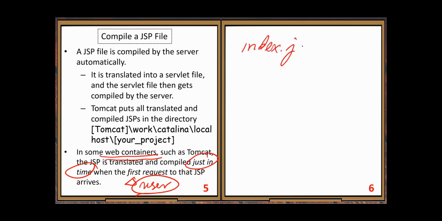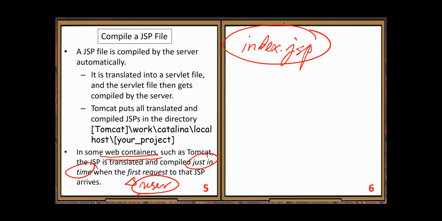Suppose we have this index.jsp, put it in our web application. After we put it there, if we do not access it, think about it, then it won't get compiled. It stays there. If nobody needs to access it, it never gets compiled.